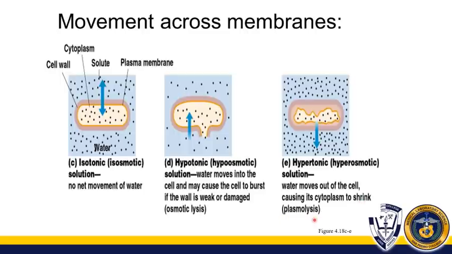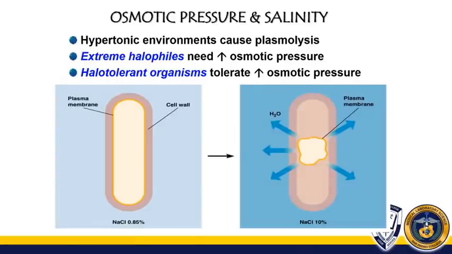Thus, bacteria are killed if they are placed in either a hypotonic or a hypertonic solution. There is sense in why we preserve food in high salt or sugar concentration, because hypertonic environments cause bacteria to undergo plasmolysis.